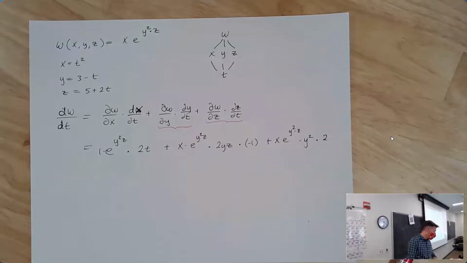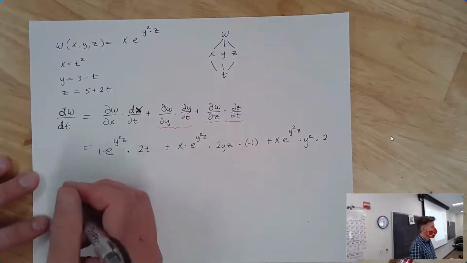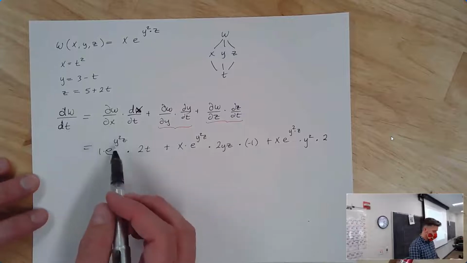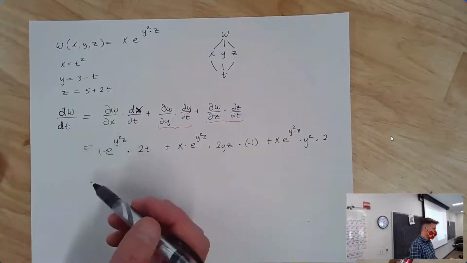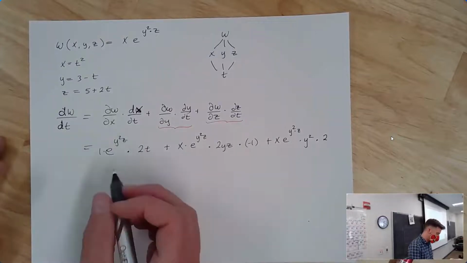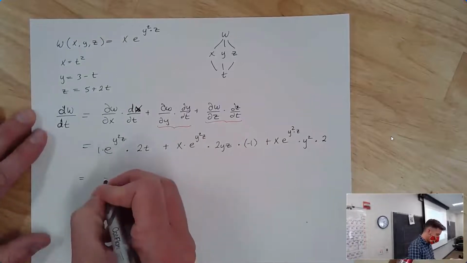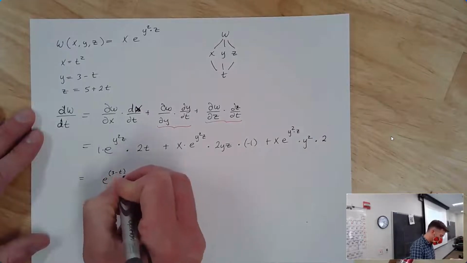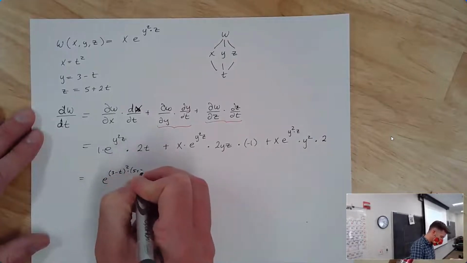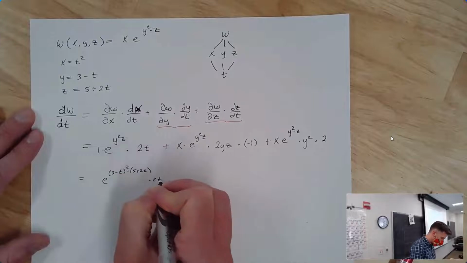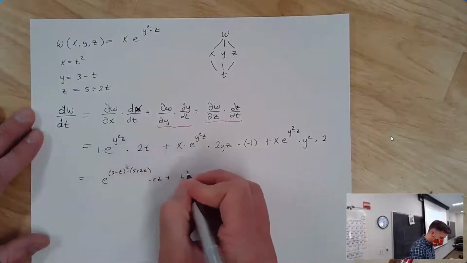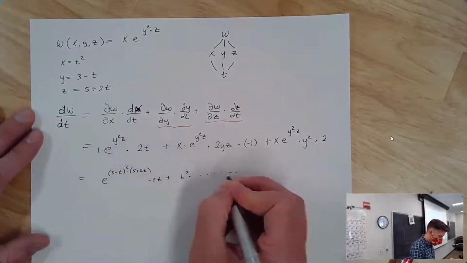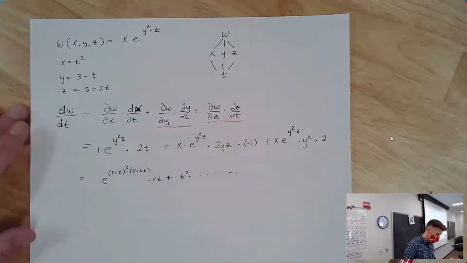And I don't want to do any more of that. But if they said something like, write this as a function of t, then you have to go and plug in all the things that x, y, and z are equal to in terms of t. So we could write this as, I'm not going to do the whole thing, but it would be e to the 3 minus t squared times 5 plus 2t times 2t plus t squared times ... You get the idea, I hope.